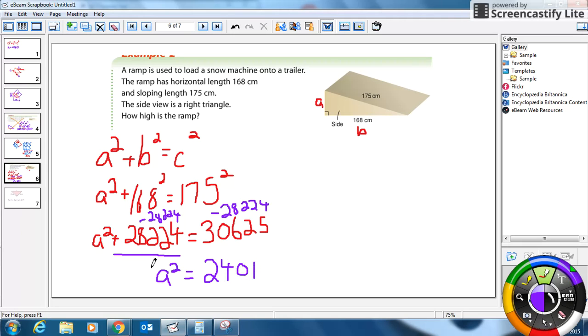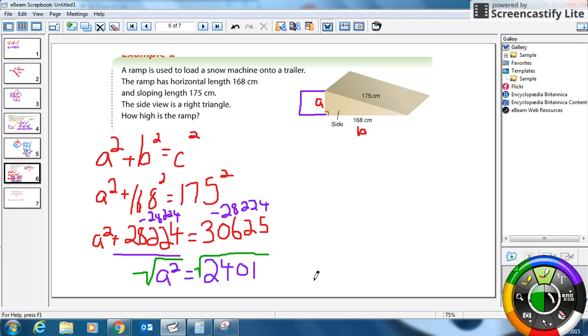Now, what that 2,401 means is that's A squared, or the square of side A. So if I went over here and I drew this square out, the area of that square is 2,401. But the question was, what's the height of that one leg? So remember, what we have to do is say, hey, I want to know the square root of this. If I take the square root of that side, I take the square root of this side.